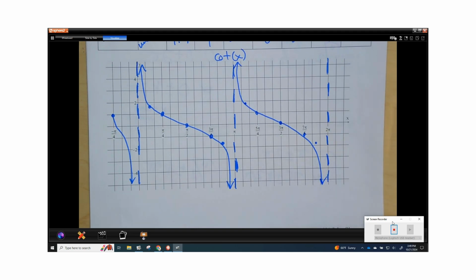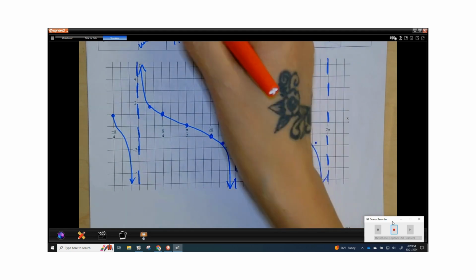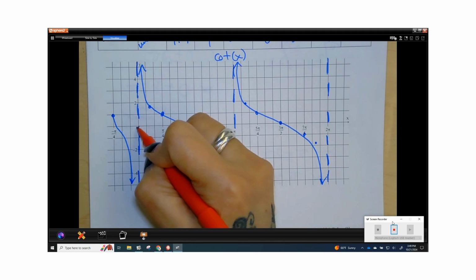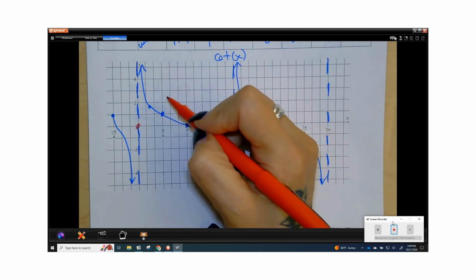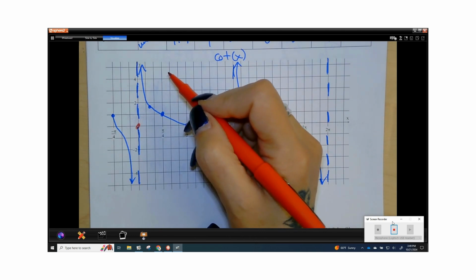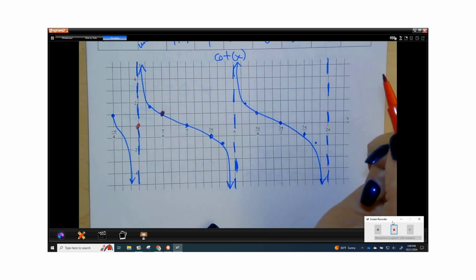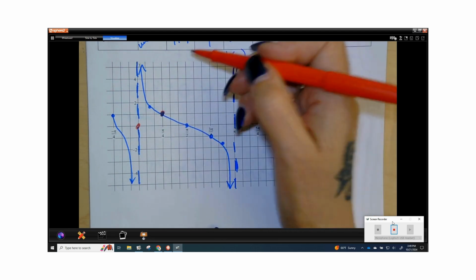If you don't remember, tangent at 0, it's at 0. At pi over 4, it's at 1, and I think I did this wrong in class. At pi over 2, it's undefined.